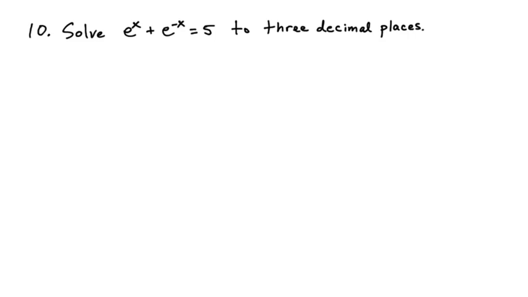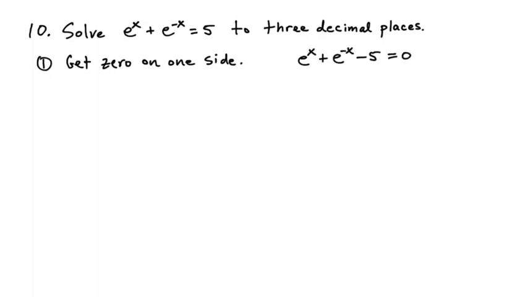First of all, we want to get 0 on one side, so let's get rid of this 5 by subtracting 5 on both sides. Now, what we're going to do next is put y equals this quantity into our calculator. So we're going to graph y equals e to the x plus e to the minus x minus 5.